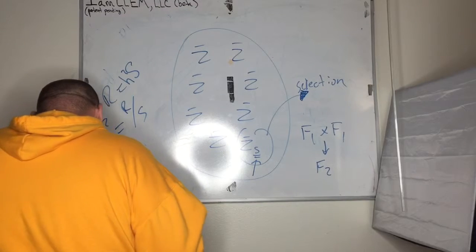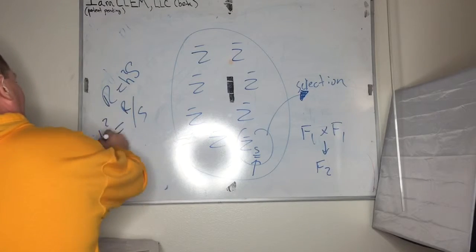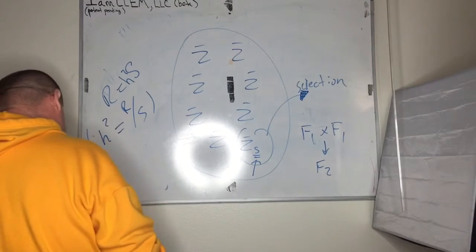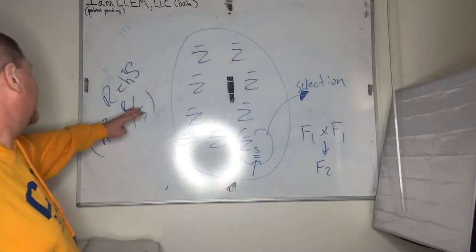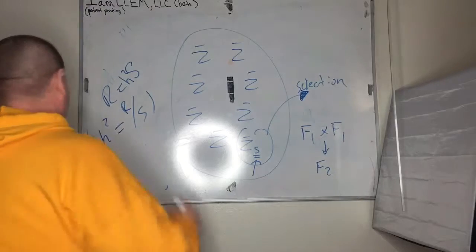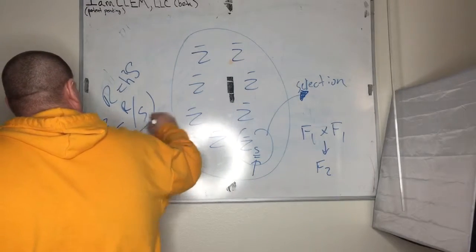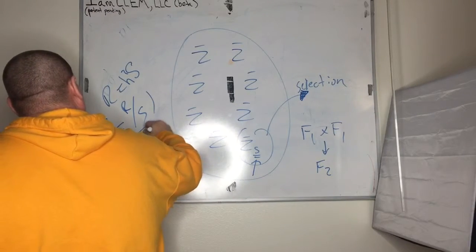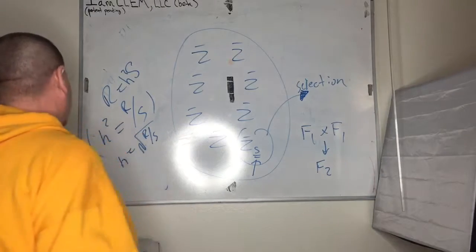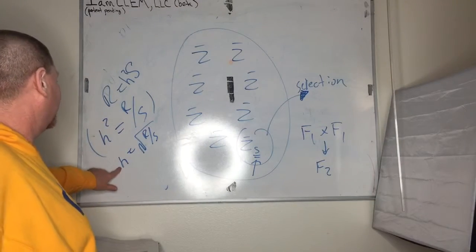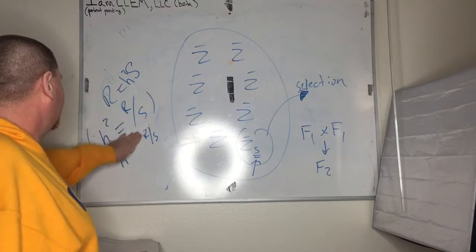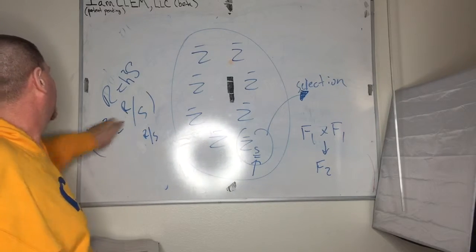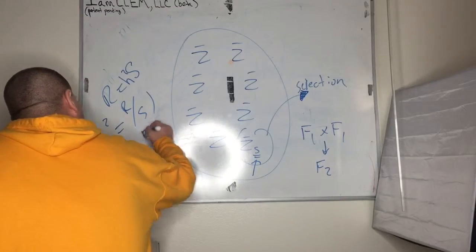Now, this that I drew down here is what is termed its realized heritability, right? Because that's going to be some number there. Or, well, actually it's going to be that, right? That's contribution of one of them. Squared would just be that. But check this out.